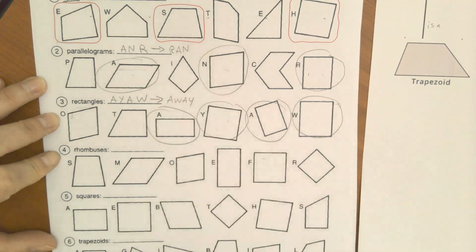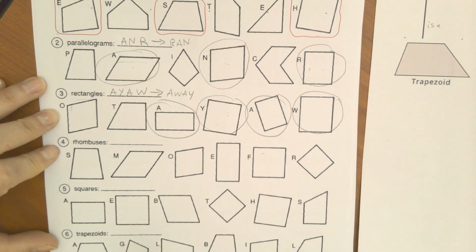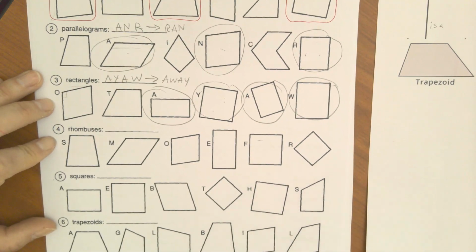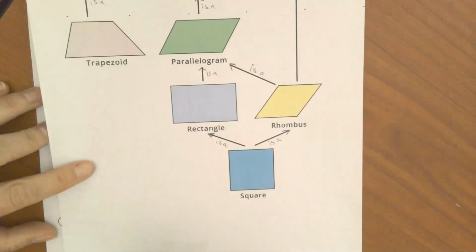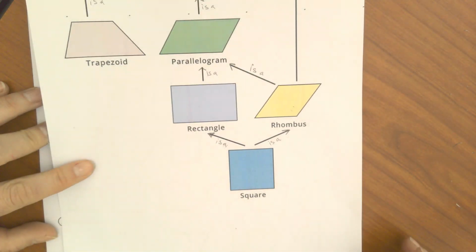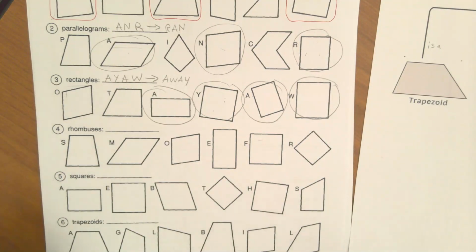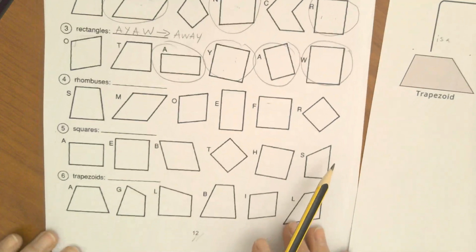So she ran away. Okay, so you have to finish this. Okay. Rhombuses. Remember, a square can be a rhombus as well. Okay, so you have to find your rhombuses, but a square can also be a rhombus. Okay, so you've finished that. And we'll go to the next section.